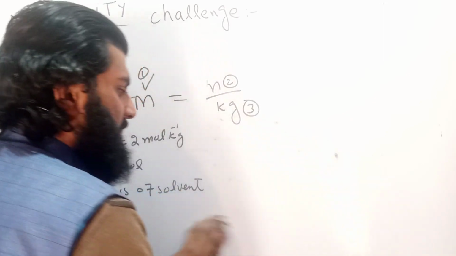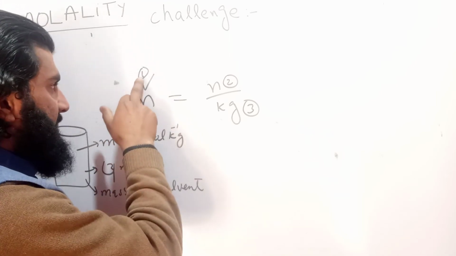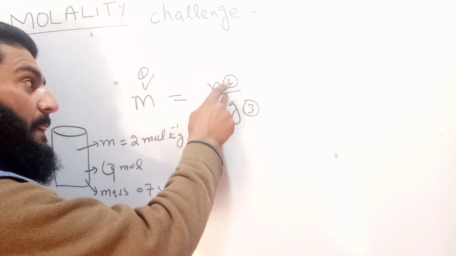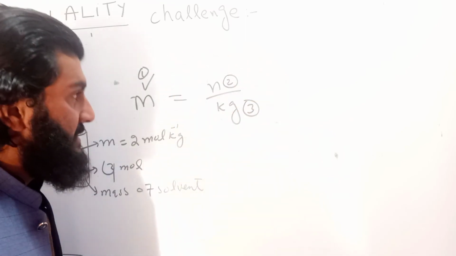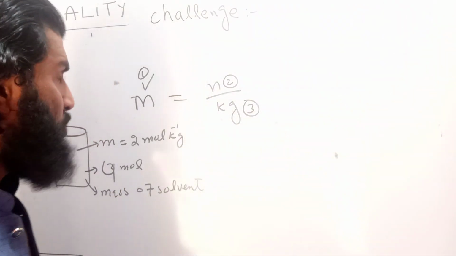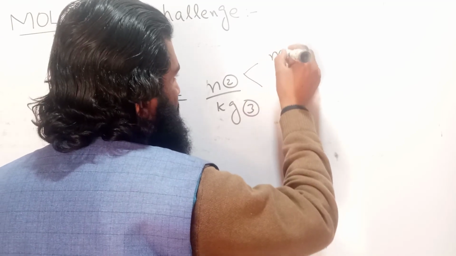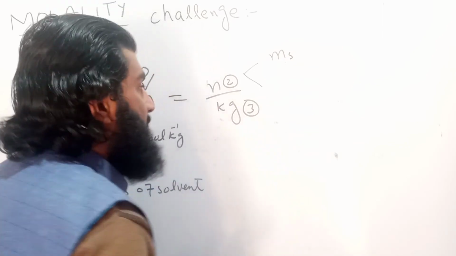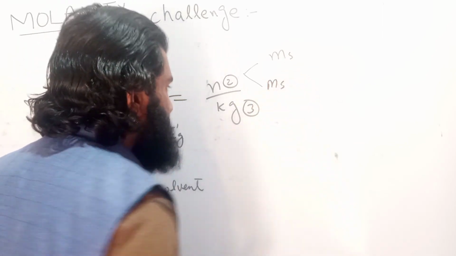Clear? So this is a type of numerical problem which you will face in any exam. Sometimes they can ask about molality, sometimes about number of moles of solute, and sometimes about mass of solvent. Sometimes they can also ask about mass of solute, and sometimes about molar mass of solute.